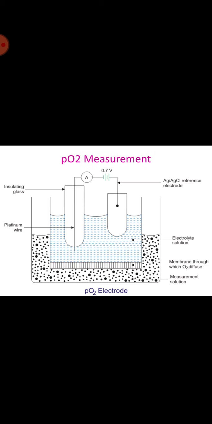And now let us see the PO2 measurement. Most of the modern blood gas analyzers utilize an oxygen electrode for measuring the partial pressure of oxygen. The partial pressure of oxygen in the blood is measured directly by the electrode method, and the normal acceptable range is roughly between 85 and 100.